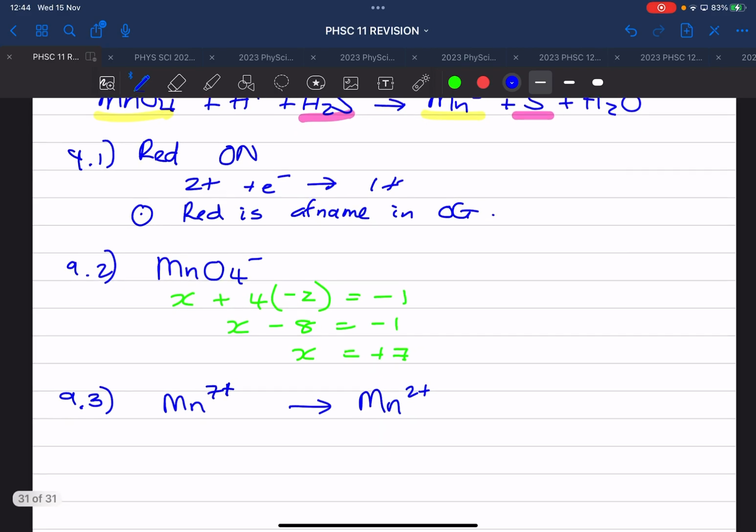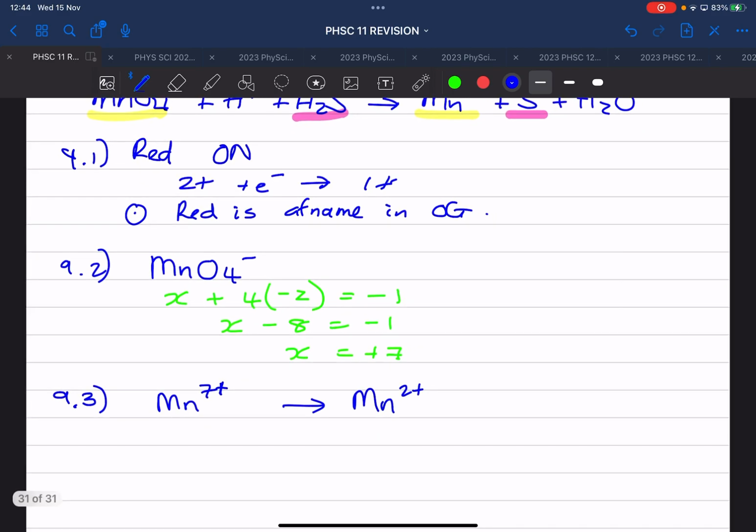So what should have happened with manganese? Did it lose electrons or did it gain electrons? It gained, right? How many? 5. So what happened to it if it gained 5 electrons? Oxidation or reduction?